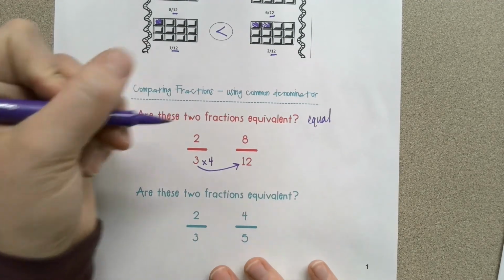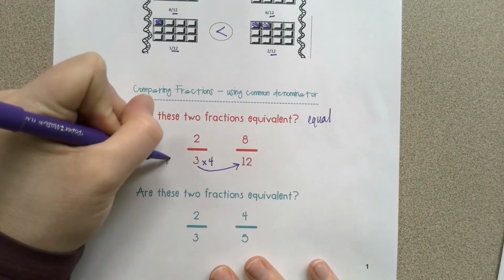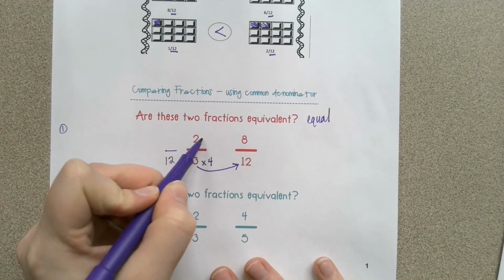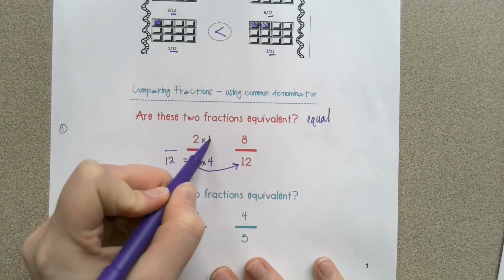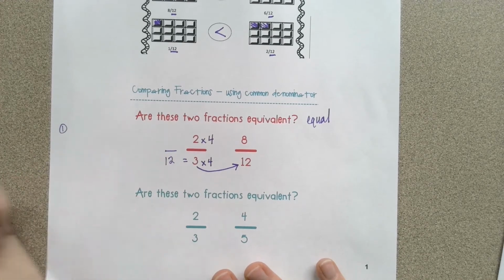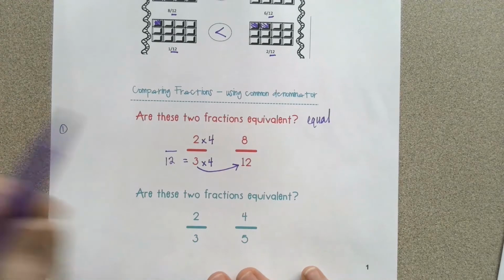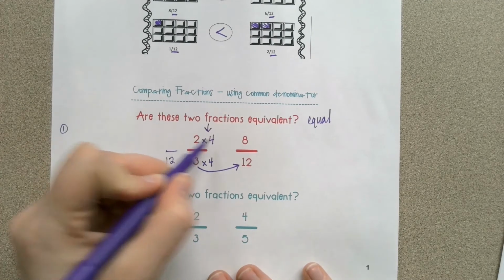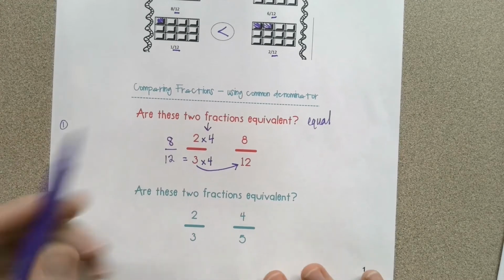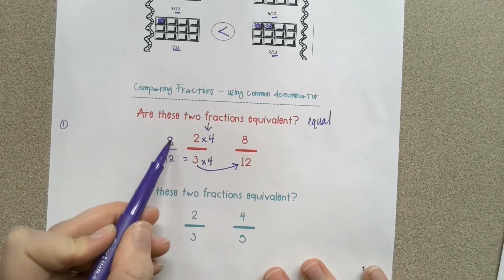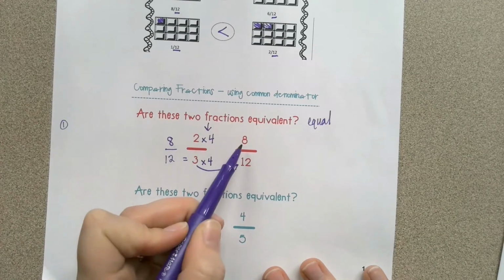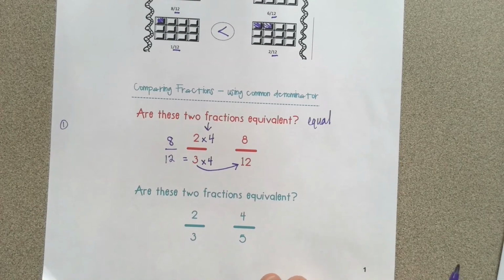If we do that, 3 times 4 gives us 12. And we would do the same thing in the numerator because, if we're writing equivalent fractions, the numerator and denominator operation has to match, and 2 times 4 is equal to 8. Now when we're comparing, we can see that, yes, 8/12, the equivalent fraction to 2/3, is equal to 8/12.